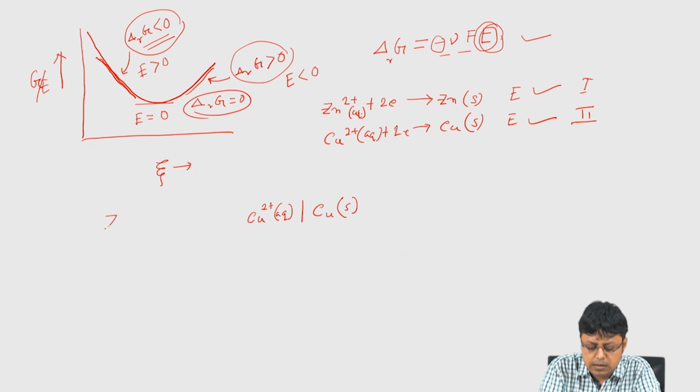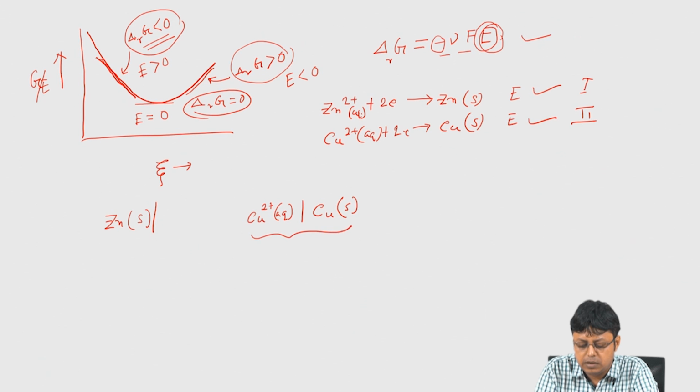Similarly, we will write the zinc on the other side, known as the left electrode. So, this is the right electrode and electrolyte combination. We always write it as the right cell, and zinc going to zinc 2 plus as the left cell.